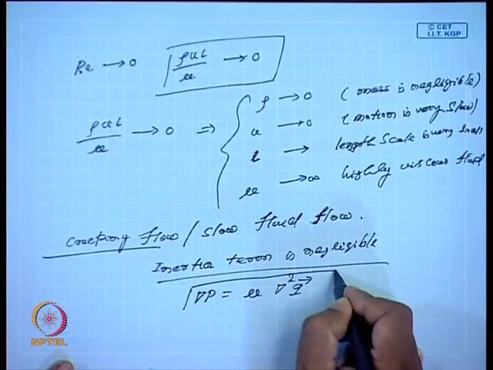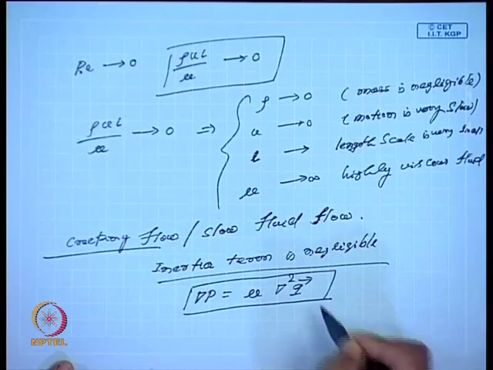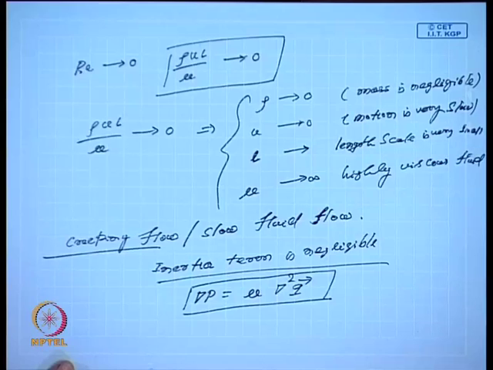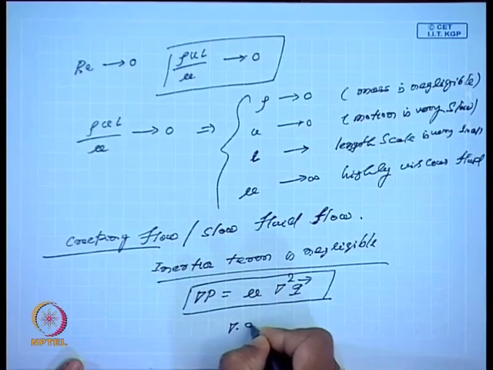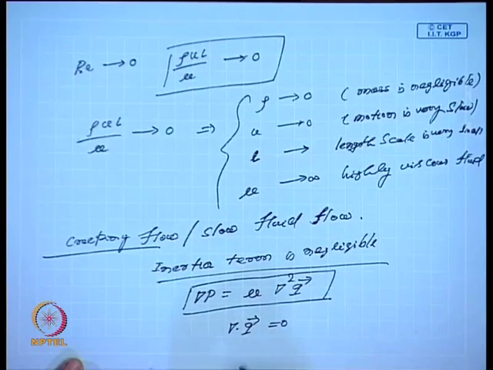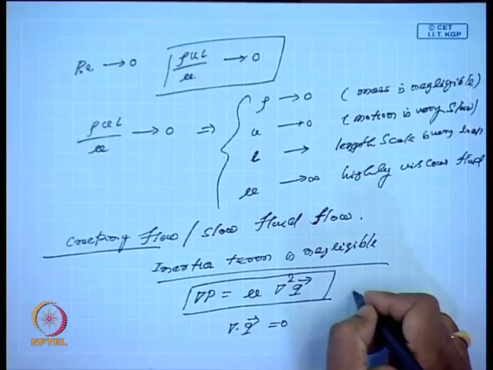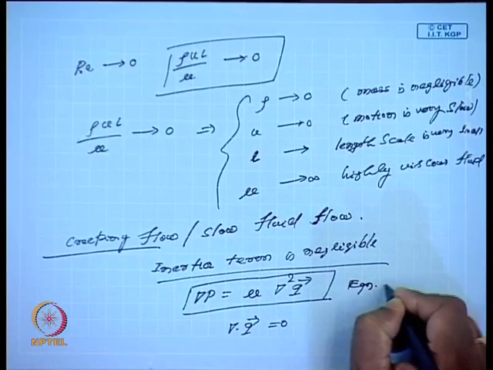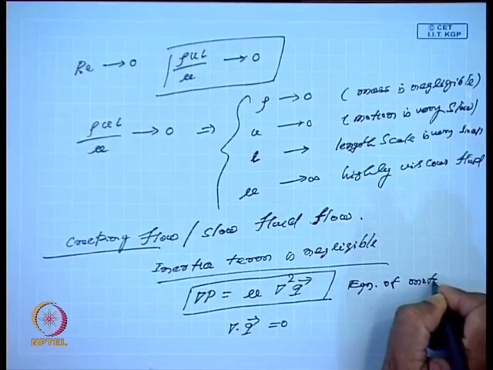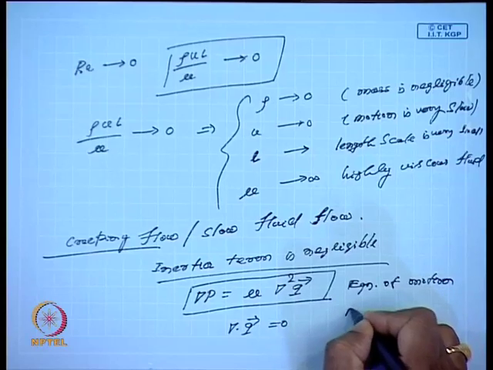This will be the typical equation for a creeping flow motion, and again we have divergence of q bar equal to 0, and this will give me the equation of continuity.